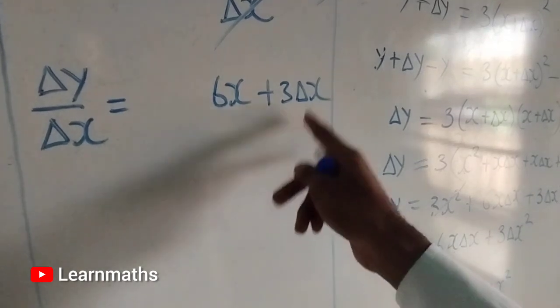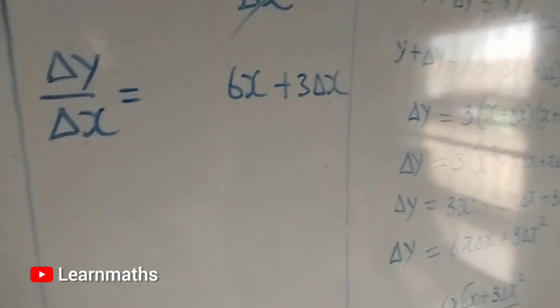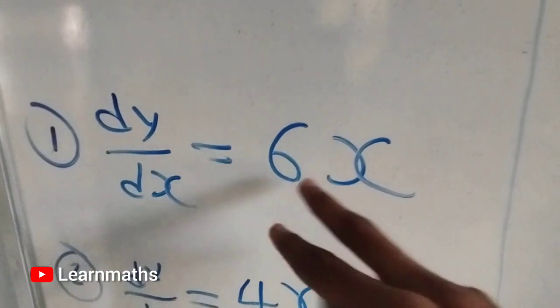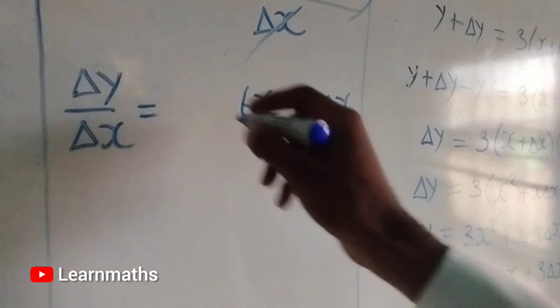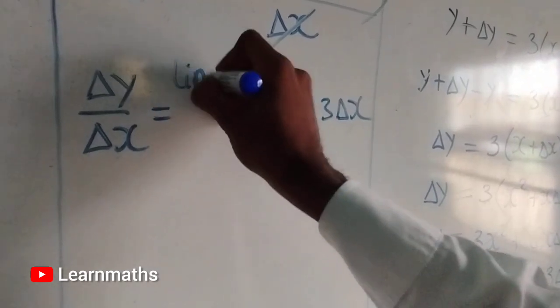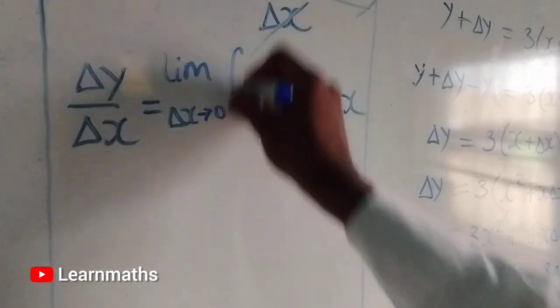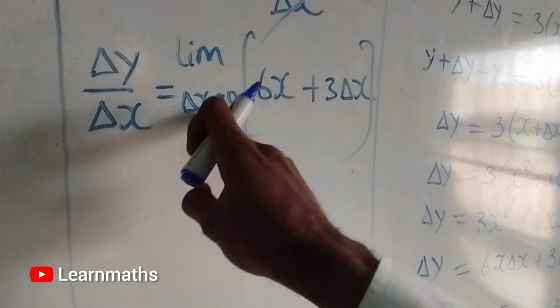Now remember there is no further simplification here, and the answer we got when using the general method of differentiation, we got dy/dx to be 6x, right? So what's making the difference here? It's the presence of that change in x. So remember, we have to take the limit of this function as change in x approaches 0. So since we have got to this point, let's substitute change in x as 0.